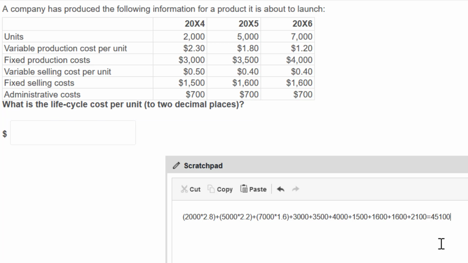So we need to divide that by the total units. And we see 2, 5, and 7. That's 14,000 units. So divide that answer by 14,000. And guys, we get 3.22. The correct answer.